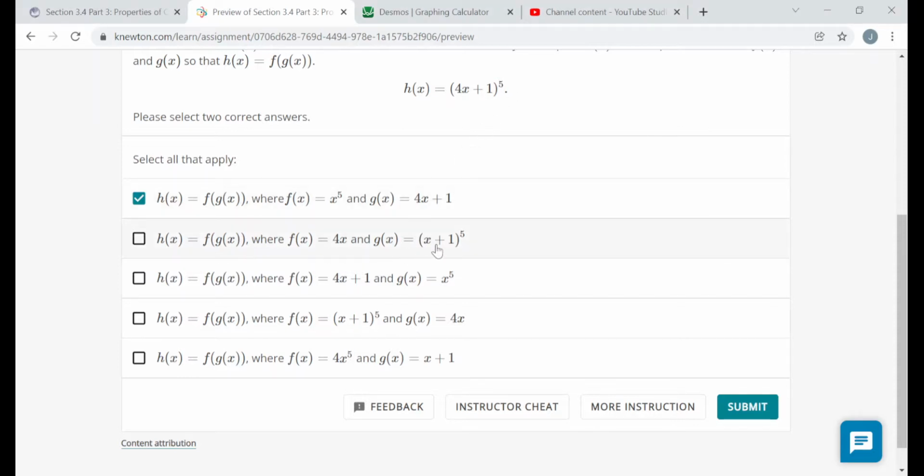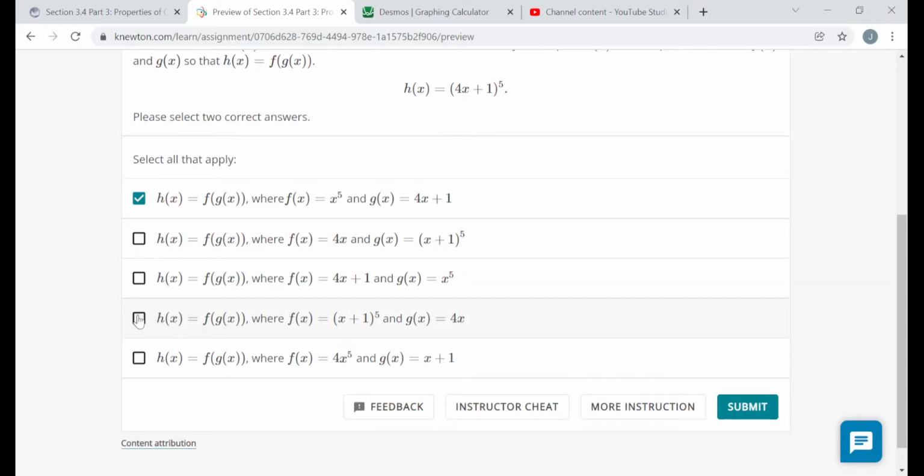Well, the second one, if I plugged g into f, I'd have 4 times the quantity x plus 1 to the 5th. That's not the same. Here, if I plug g into f, I'd have 4 times x to the 5th plus 1. That's not the same either. This is the other one I mentioned: x plus 1 to the 5th, and then g is 4x. If I plug 4x in for x here, you get that function back.